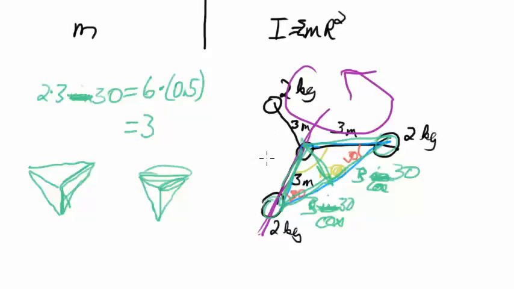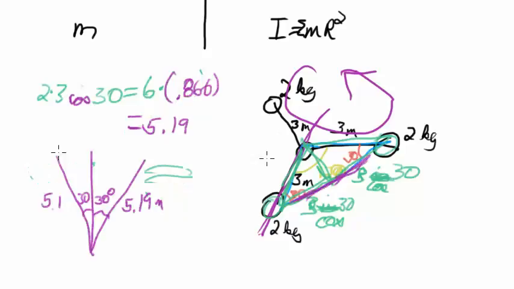And so we need to find the radius, the distance here, which is going to be 5.19 sine 30. Inertia for this is going to be I equals the sum of mr squared.